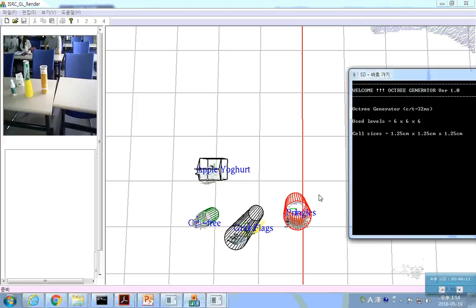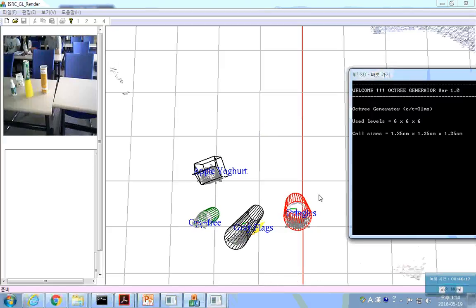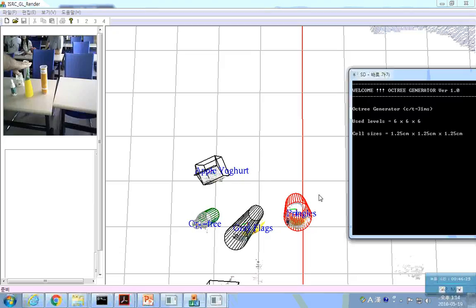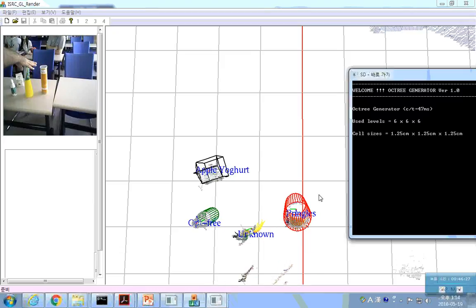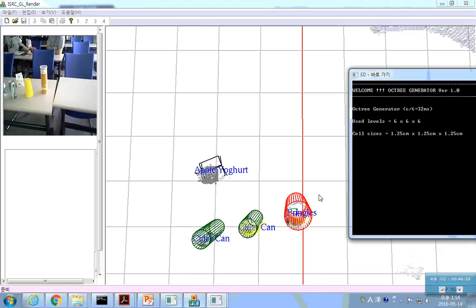What happens is when I measure the height, here the height is similar to Pringles. So the system directly thinks this is a Pringles. This is a problem of using a very small number of features and a Bayesian network in particular. Because it multiplies the probabilities, and the height is very dominant, it will override everything else.